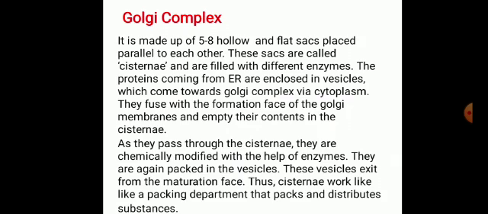The proteins coming from endoplasmic reticulum are enclosed in vesicles which come towards Golgi complex via cytoplasm. They fuse with the formation phase of the Golgi membranes and empty their content in the cisternae.